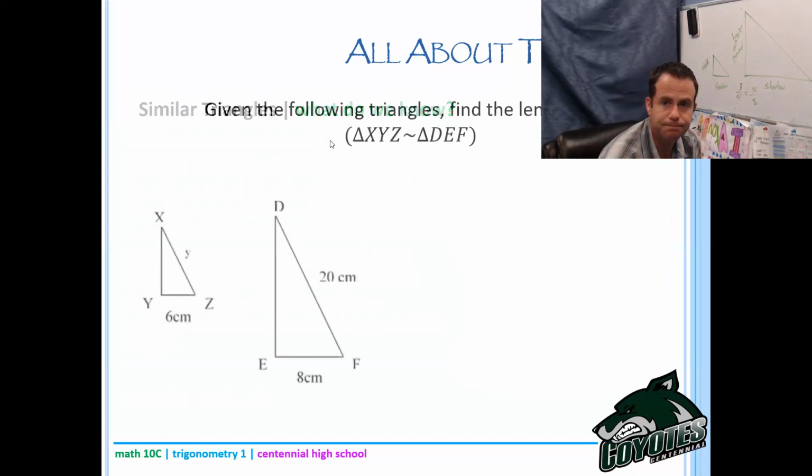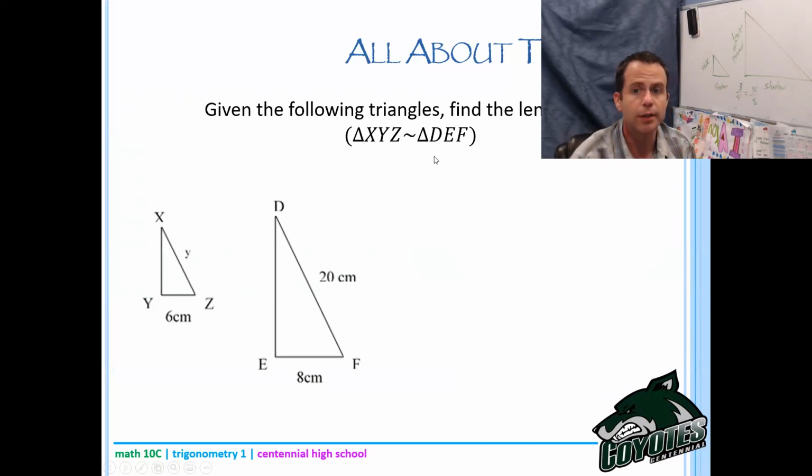okay? All right, so if I asked you to find the length of y, given that triangle XYZ is similar to triangle DEF, there's a couple things I want to talk to you about as we start this process. Number 1, the letters here always correspond to the exact same order of letters here.